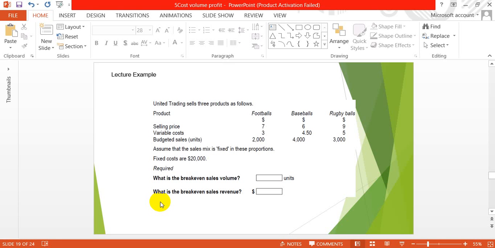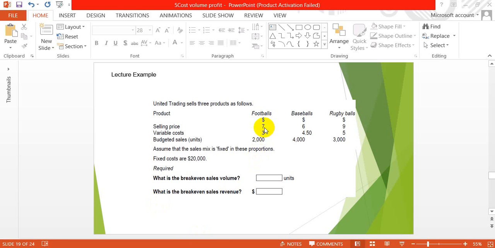So we only have one fixed costs. We need the unit contribution, but we've got 3 products, so we have to compute the contribution for each one. But because the contributions differ with the units, the sales units are different, so the contribution for each one should be multiplied by the sales units.